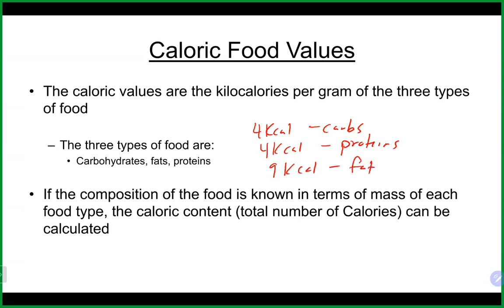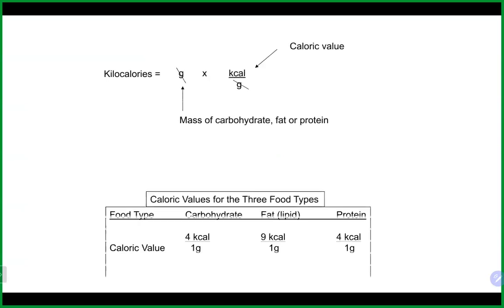If you look on the back of a nutritional label on any type of food, you will see those three categories listed with how many grams of each are in there. A kilocalorie, once again, is a nutritional calorie. So if you know how many grams of carbohydrates, fat, and protein you have in a food sample, you can multiply by each of those and add them together, and that will give you how many calories are in your food item. So for example, by doing so like so.